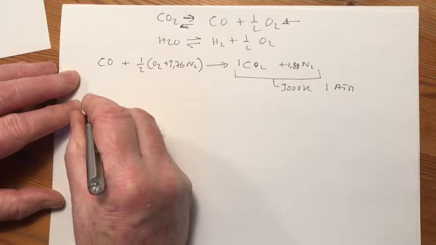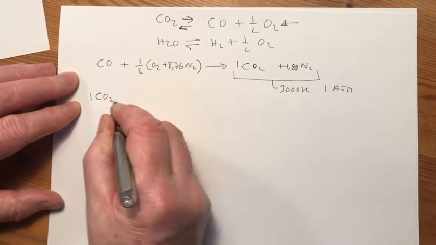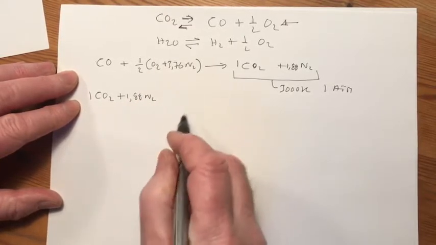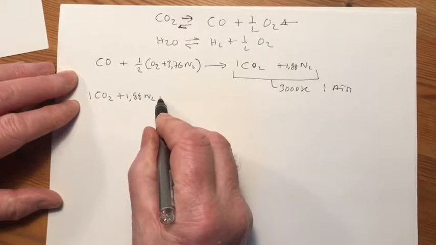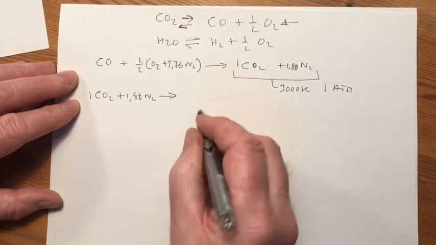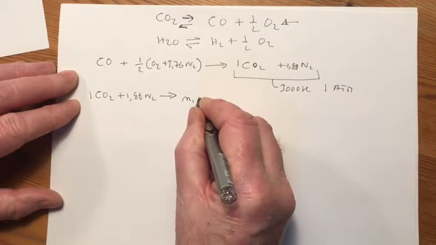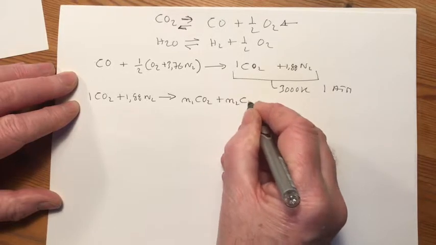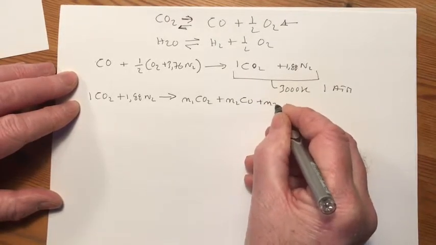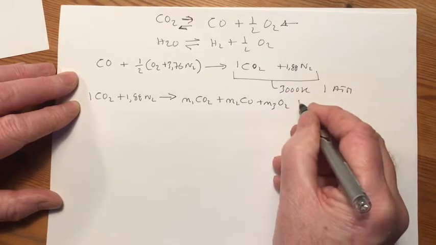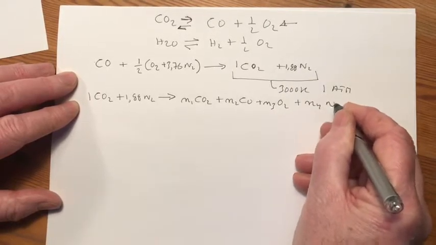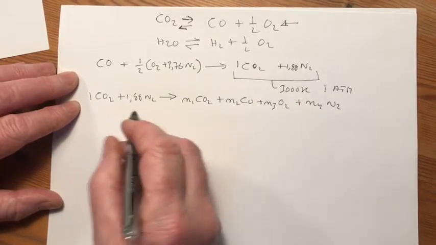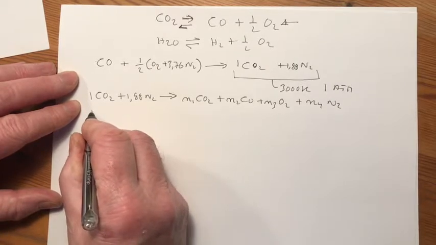So what we do is we simply write 1 times CO2 plus 1.88 times N2. And you notice that this one is going forward to N1 times CO2 plus N2 times CO plus N3 times O2 plus N4 times N2. So what we do now is a carbon balance.